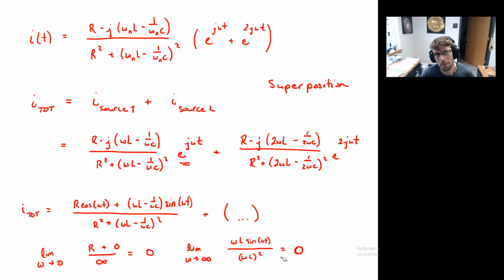And that should make some sense. If the current is not oscillating quickly, the capacitor fully charges and the current should be 0. Conversely, if it's oscillating too quickly, high omega, the inductor says, whoa, whoa, whoa, I don't like these changes, and should also prevent the current from flowing.